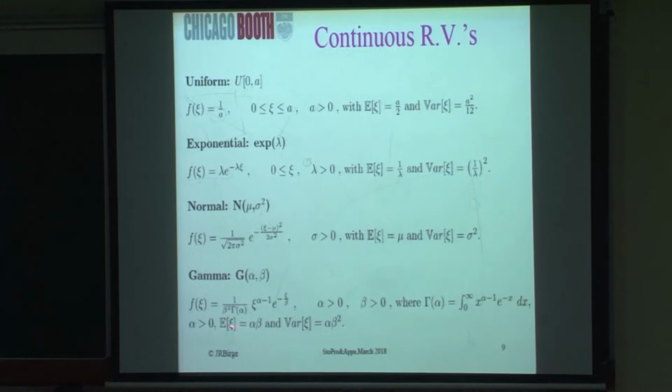And it has 2 parameters. So exponential has 1 parameter. The uniform 0 to a has just 1 parameter. Normal has 2 parameters, and gamma also has 2 parameters. The gamma parameters determine both the mean and the variance. So the mean is alpha times beta, and the variance is alpha times beta squared.